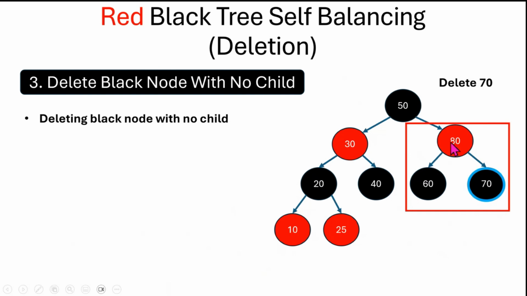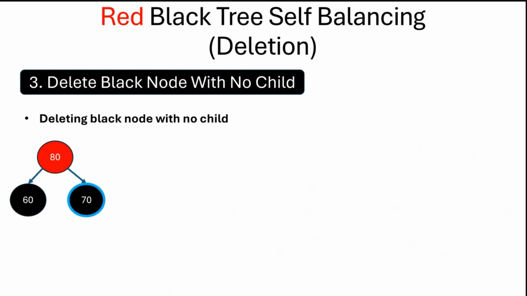So depending on the structure of this subtree, there are further cases in this delete black node with no child case, right? So how can this subtree be represented as a valid red black subtree? What are the different cases? Either it can be like this, where we are deleting the black node with no child.